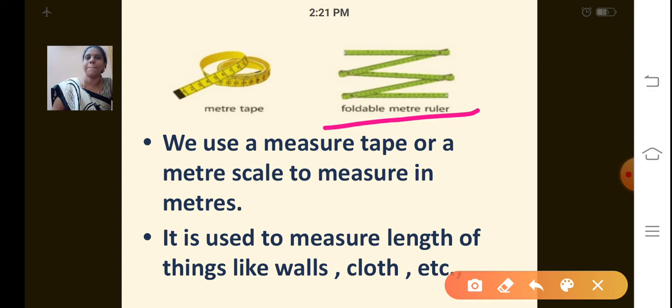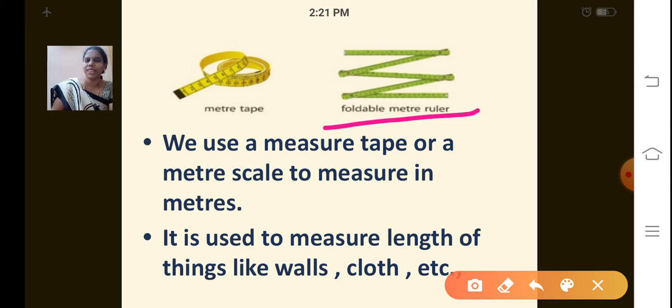It is used to measure the length of things like wall, cloth, etc. We use meters for cloth too. We use a meter tape to measure the length of the wall.